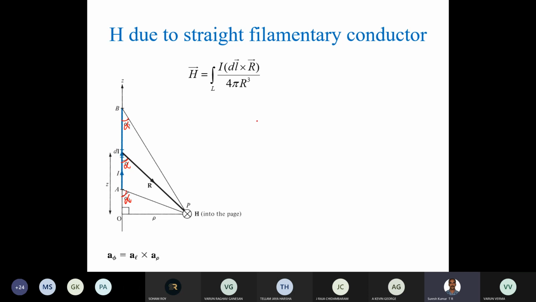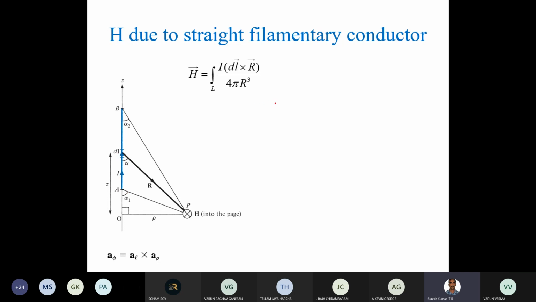Hope you recall the similar topic in electrostatics, where to calculate the electric field due to line charges, we represented the length of the wire or the charge using angles. There we got sine or cosine in the equation, which gave a very simple form. That's why alpha 1 and alpha 2 were used.